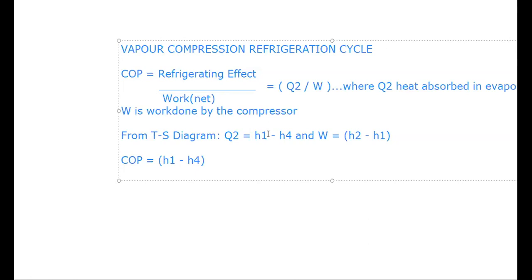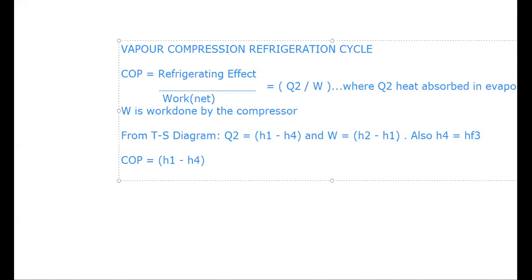So now we have defined what Q2 is and what W is. Now also we can say that H3 is equal to H4, the enthalpy at point number 4 is equal to HF3. Look at this enthalpy diagram once again.